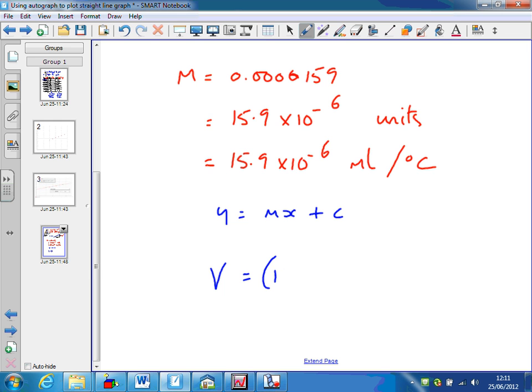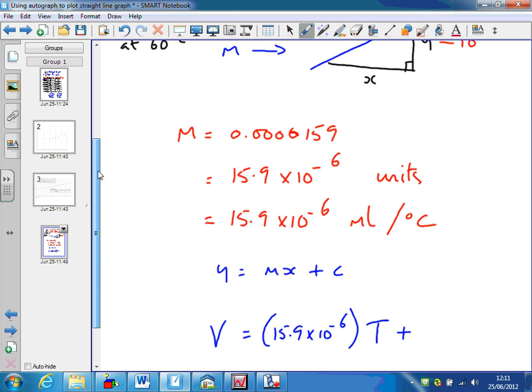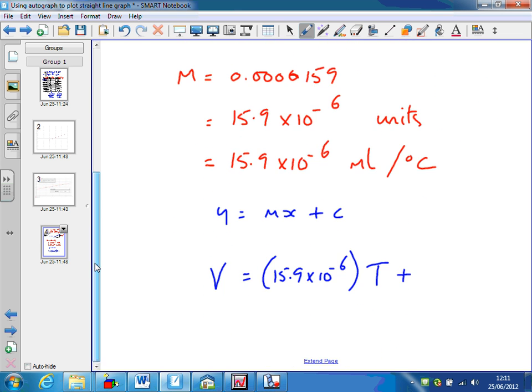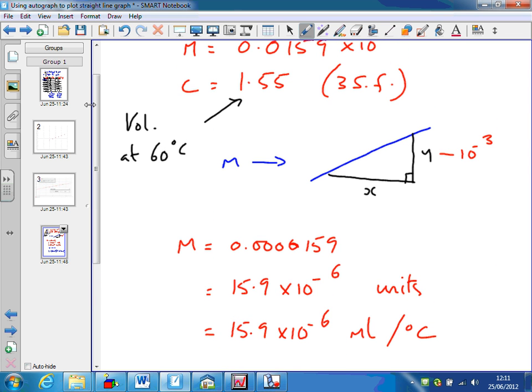It's 15.9 times 10 to the minus 6, times x, which in this case is the temperature, plus C, which is the volume at 60 degrees, which is 1.55 times 10 to the minus 3, of course, because again this 1.55 is taken off that scale, which should be times 10 to the minus 3.